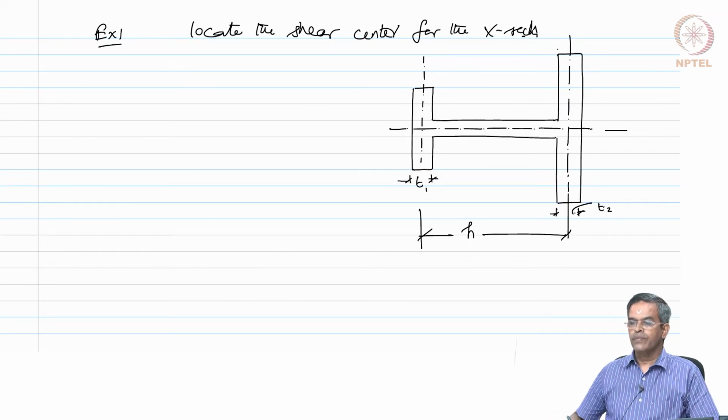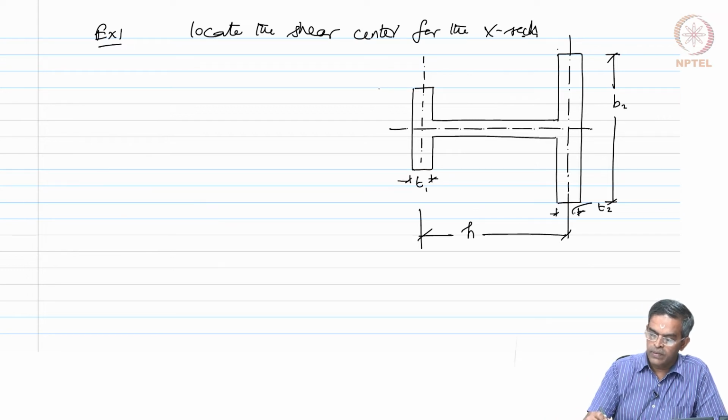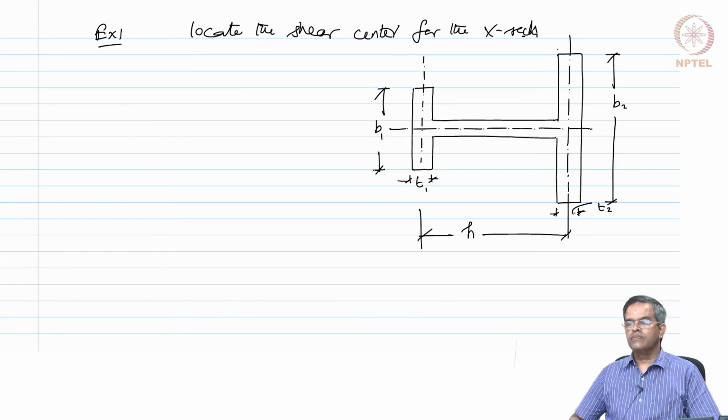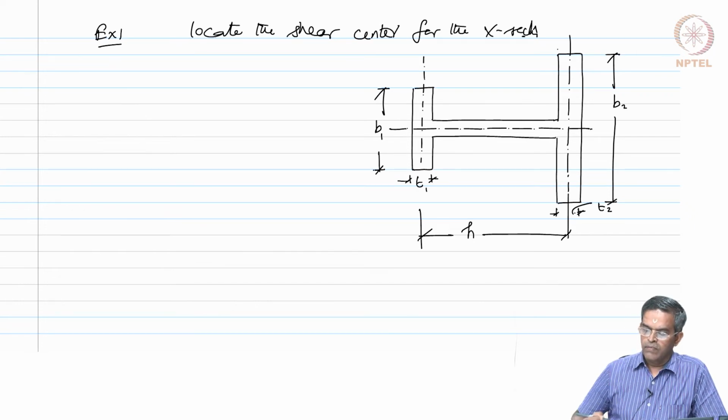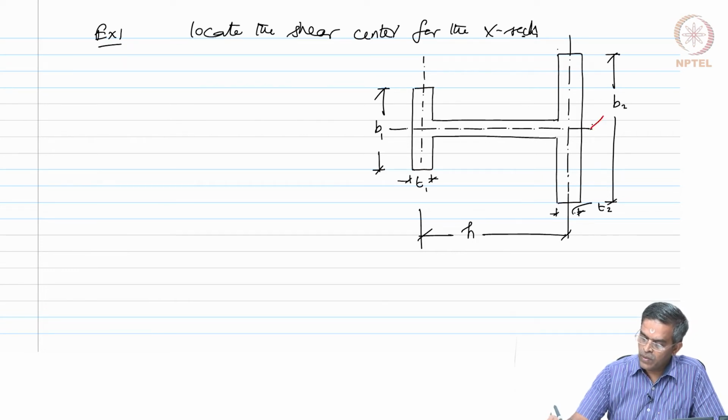t2, and this breadth as b2, and this breadth as b1. We also know that this line is automatically the axis of symmetry.